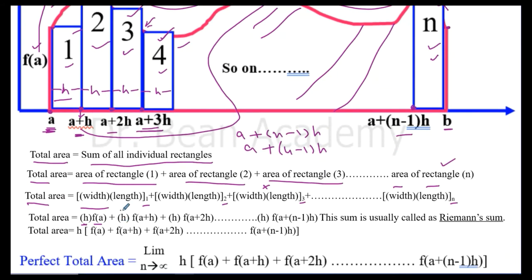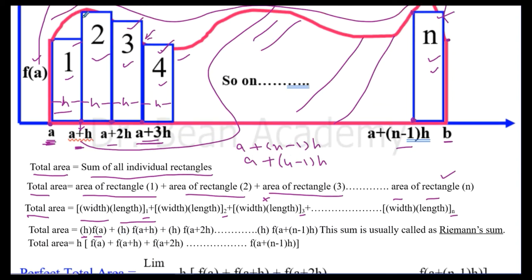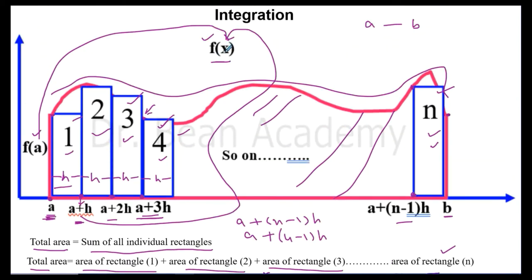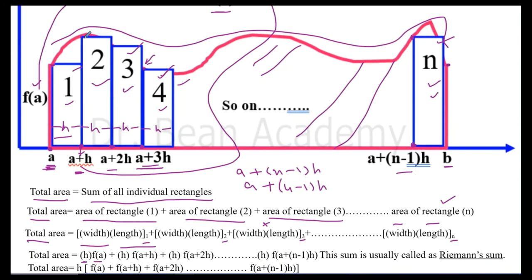So that is why for the second rectangle here, h times f of A plus h, because for the second rectangle its left line is located at A plus h, and when this A plus h goes into this function in the place of x, this function will give me the length of this line.